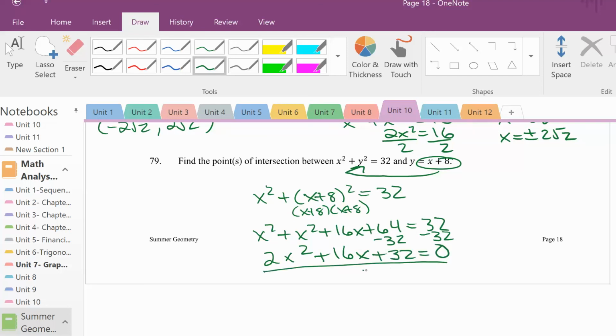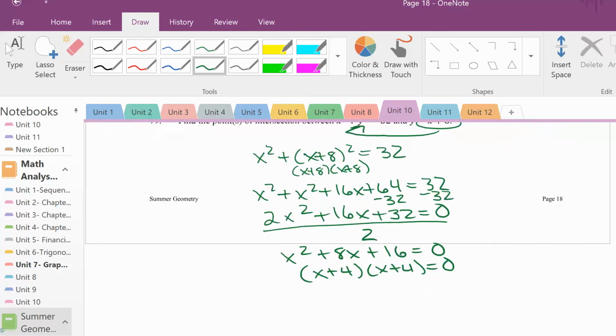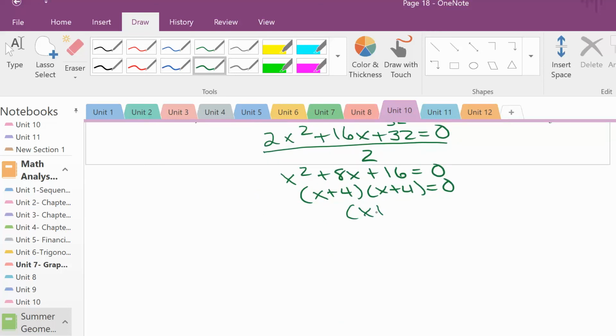When you divide everything by 2, you get x squared plus 8x plus 16 equals 0. When you factor, the factors of 16 that add to 8 are 4 and 4. So that's basically the same as saying x plus 4 squared equals 0.